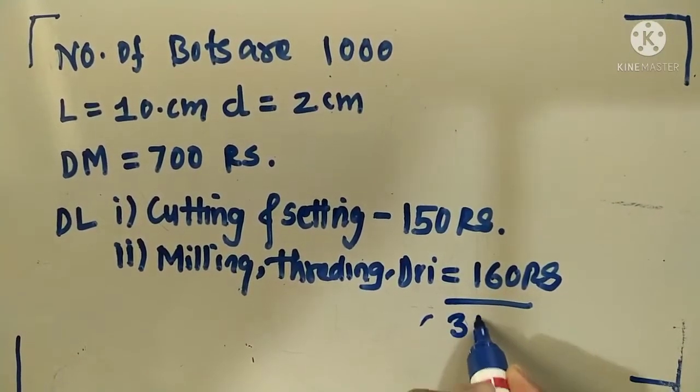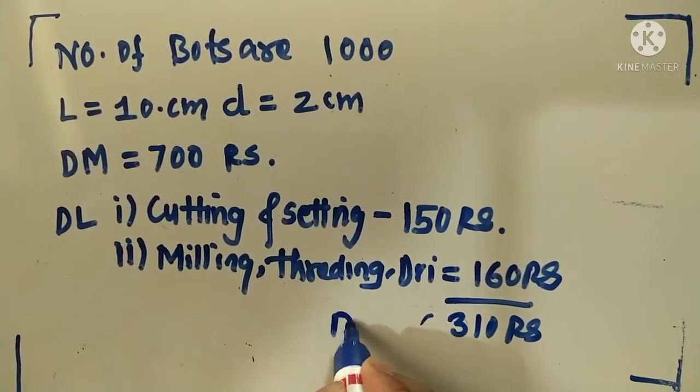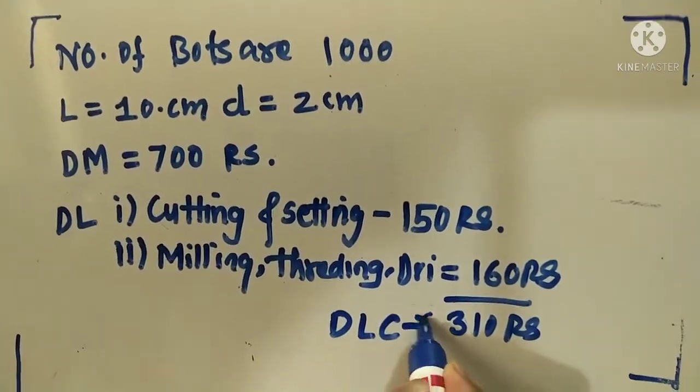If we add this, we will get the direct labor cost, that is 310 rupees.